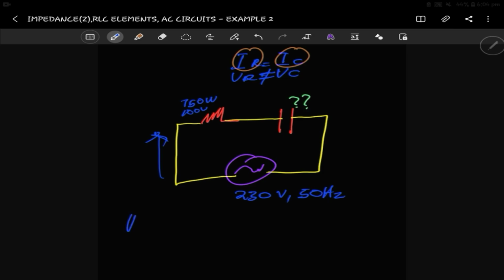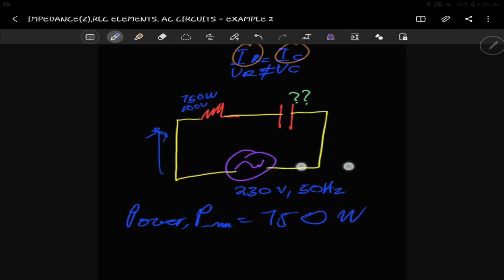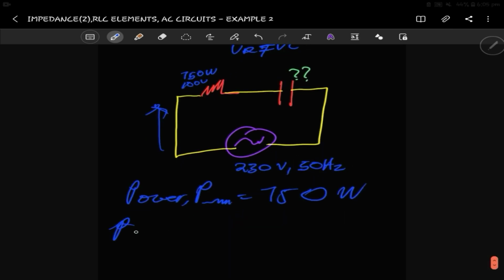So our power, which is the P across the R, being equal to, let's make it simple so it's more understandable, the power across the resistor is equal to 750 watts. But then we want the current, and we know power is equal to I squared R, which is the same as IV.